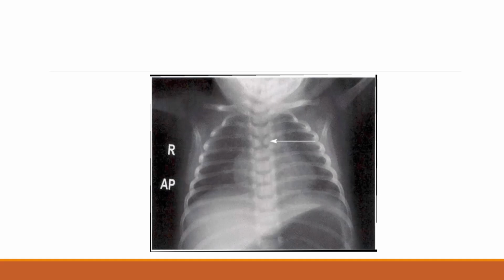Another point I should say is that in the exam, not every X-ray is very good. Sometimes it happens in our clinical practice too. We see some X-rays with poor penetration, and some X-rays slightly deviated because babies are not cooperative.